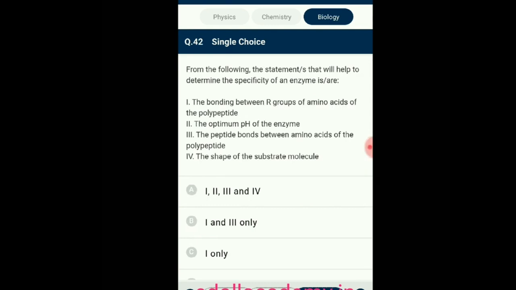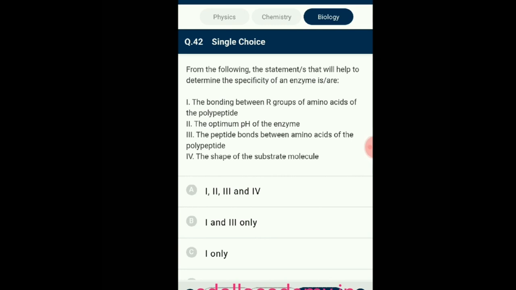Question number 42. From the following, the statement to determine the specificity of an enzyme: the enzyme is generally made up of proteins and proteins are made up of amino acids. The amino acids have R as functional group whose variation results in the formation of different amino acids.